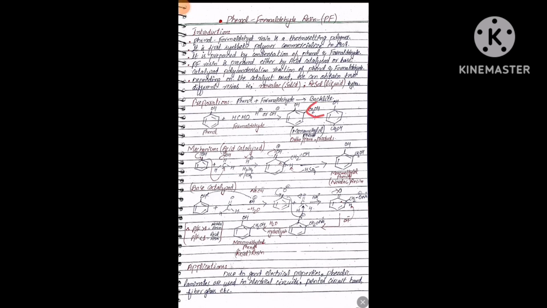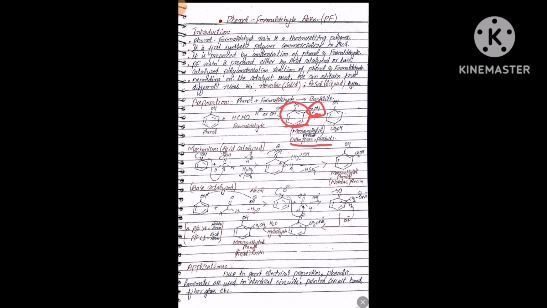Mono stands for one. This is methanol, meaning an alcoholic group is attached there, and this is phenol. Overall it is called monomethanol phenol. Ortho and para products may form.